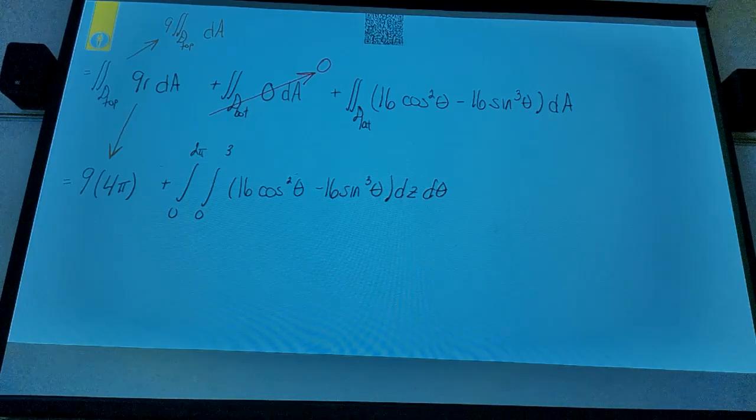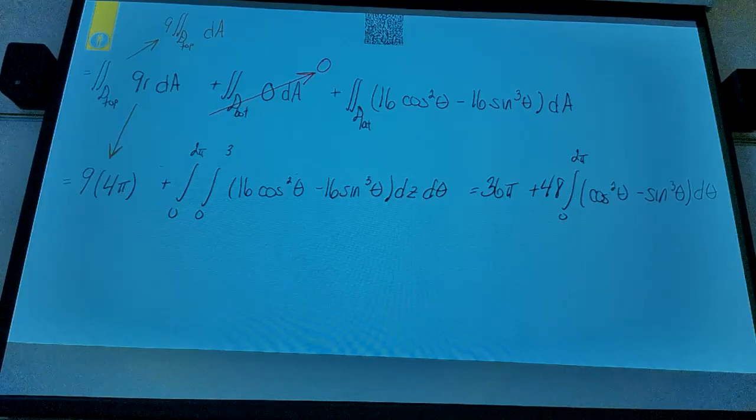Factor out that 16 as well. And this is where we're at.